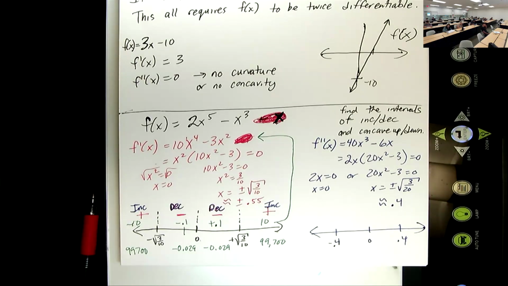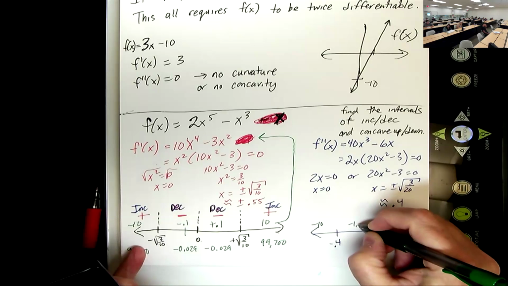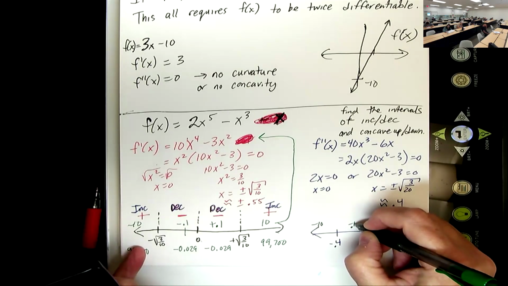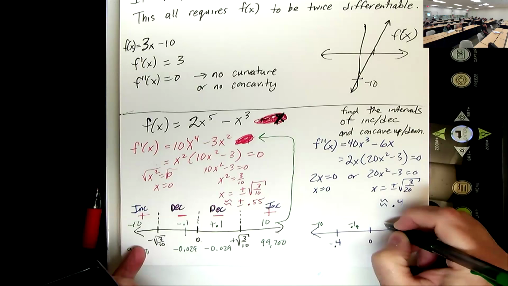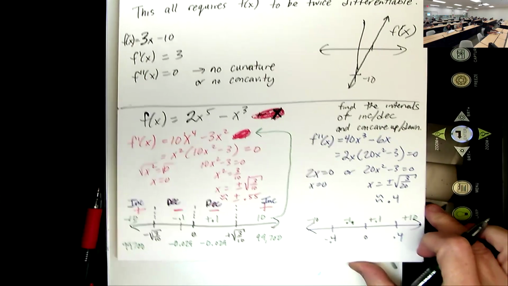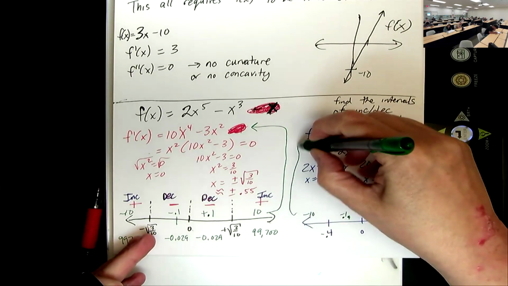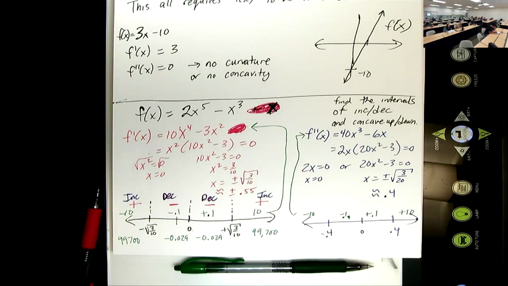Do the same values we did before. Negative 10, negative 0.1, positive 0.1 and 10. And we're plugging these values into the second derivative now. And we really don't need the value, we just need the sign.